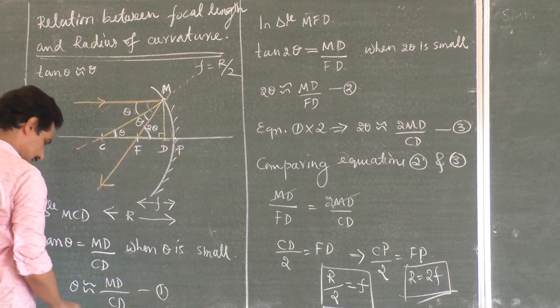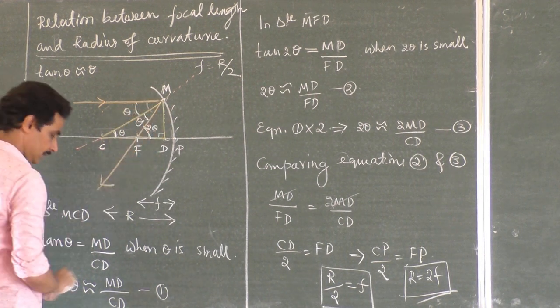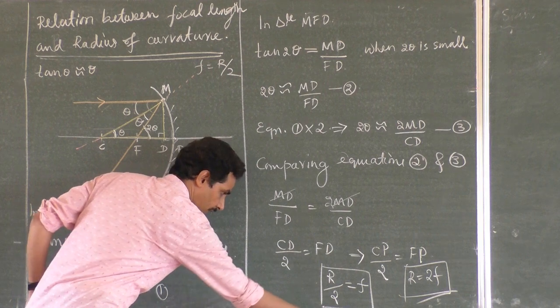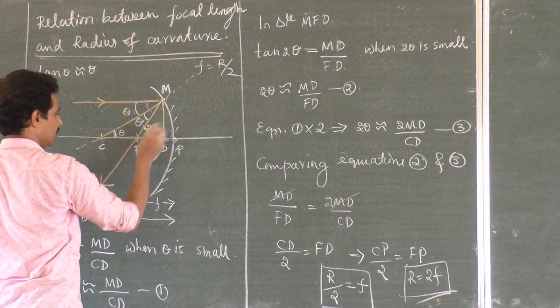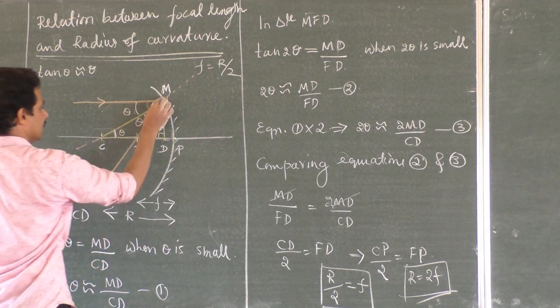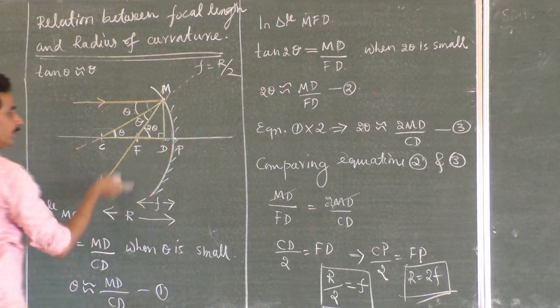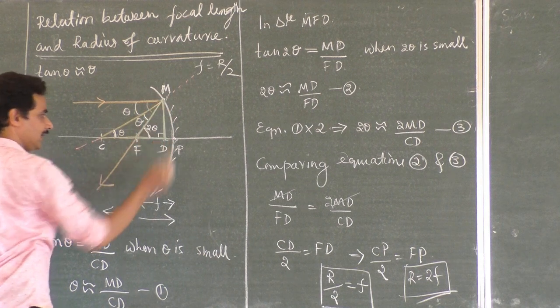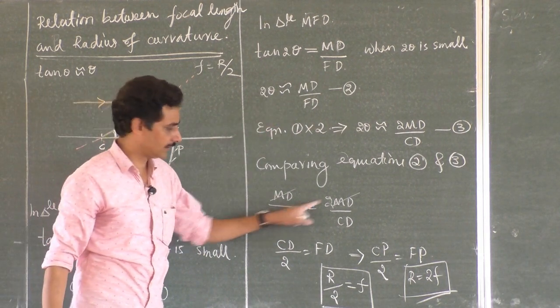In both these triangles, one which I have drawn using yellow color and one which I am going to draw in green color. So you are going to take another triangle, in the triangle MFD, green color, like this. In both the triangles, MD is common, which we are going to cancel later.